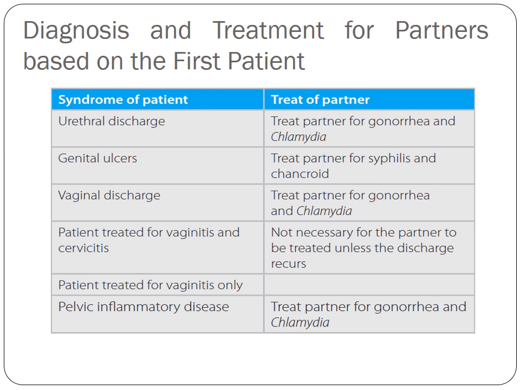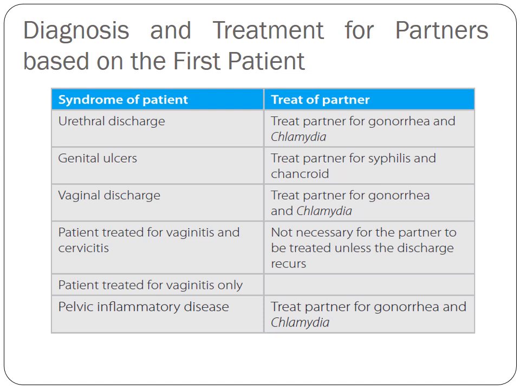Yes, diagnosis and the treatment for the partner is based on the first patient. This is partner treatment. So if the patient has a condition of urethral discharge, we have to treat the partner for gonorrhea and chlamydia infection. If the first patient has a complaint of genital ulcer, we have to treat the partner for syphilis and chancroid.